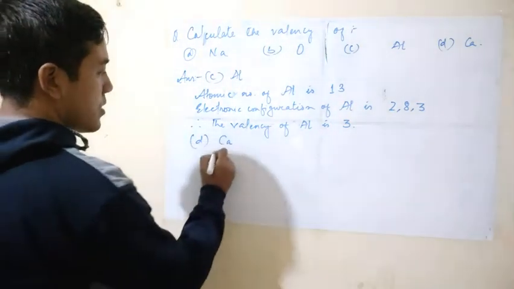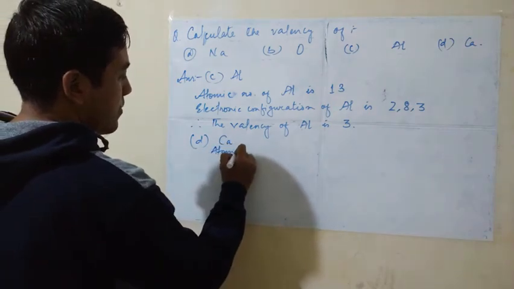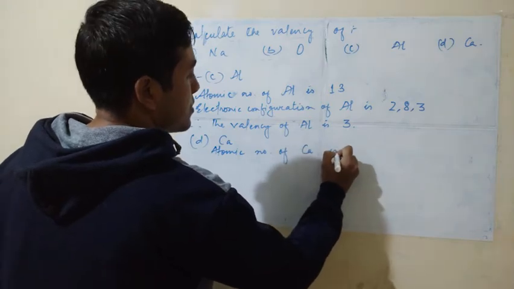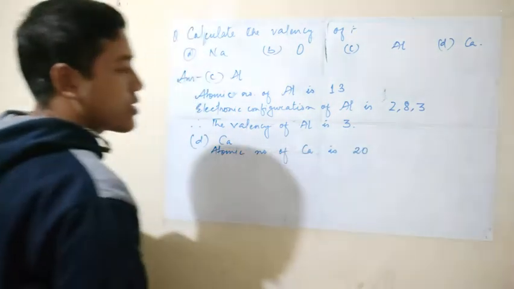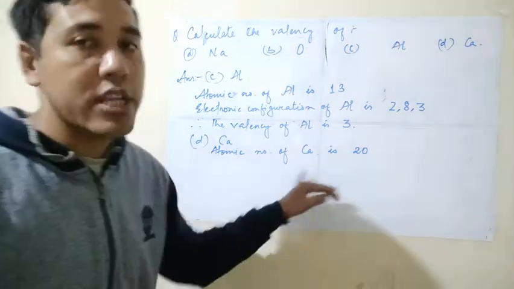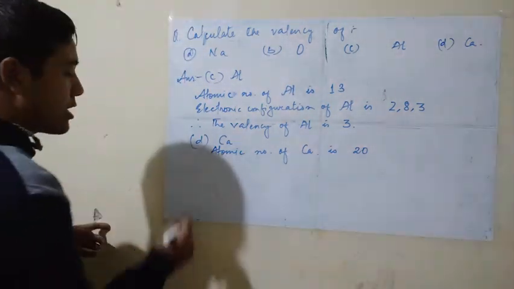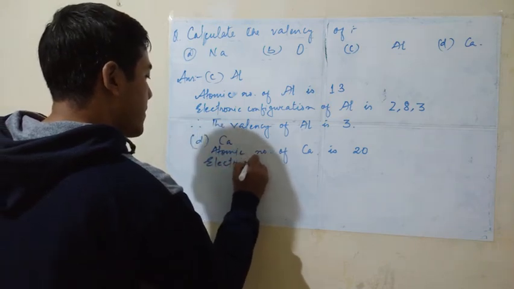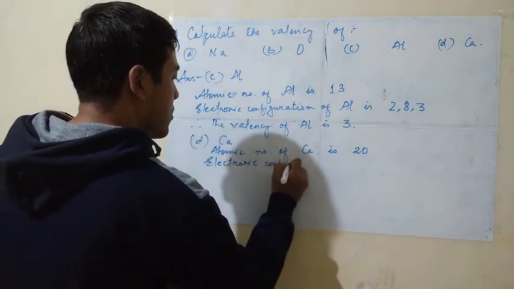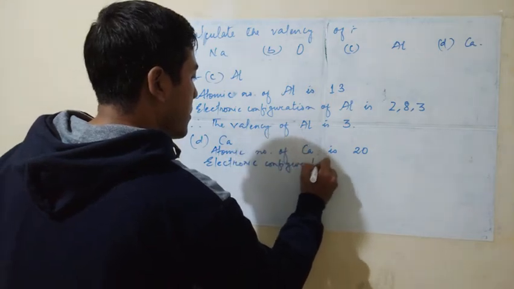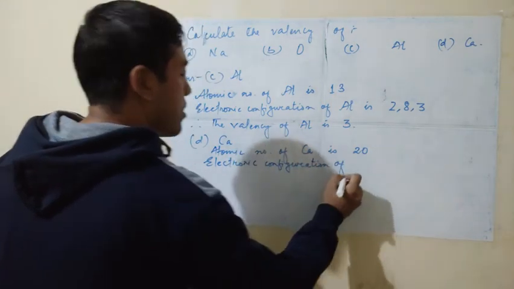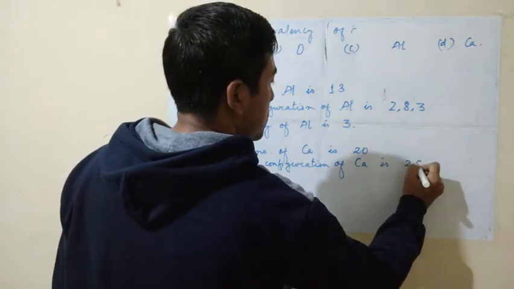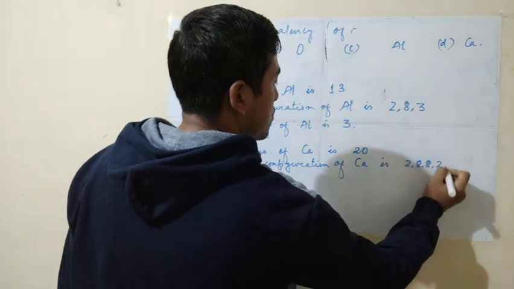Right. Next, number D, calcium. Atomic number of calcium is 20. Calcium has a 20 atomic number, right? And now electronic configuration. Electronic configuration of calcium is 2, 8, 8, 2.